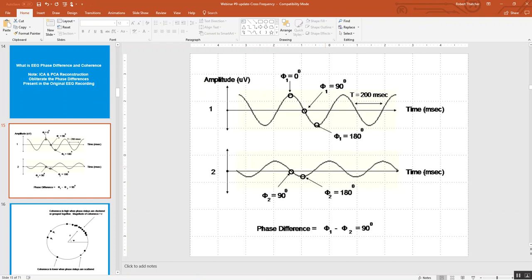This is actually the complex domain of a circle and related to a wave. So that's why the degrees, and you can also talk about radians, are ways to explain phase shifting. In addition, if you know the frequency, you can translate phase difference into a time difference.